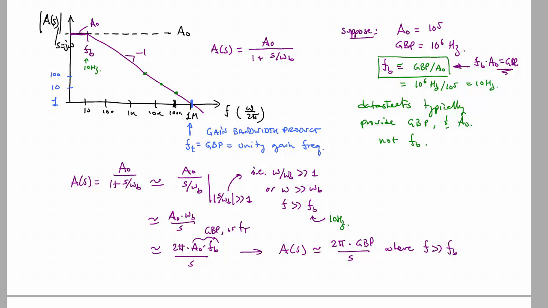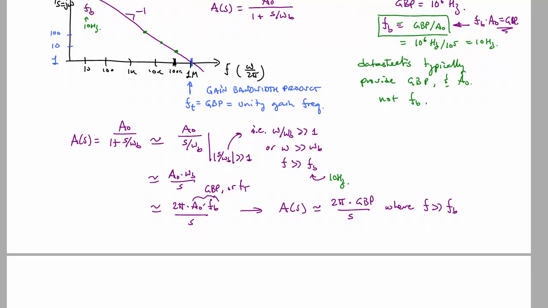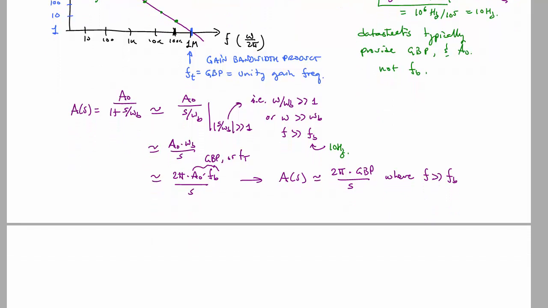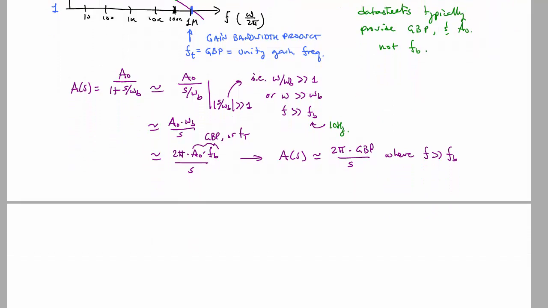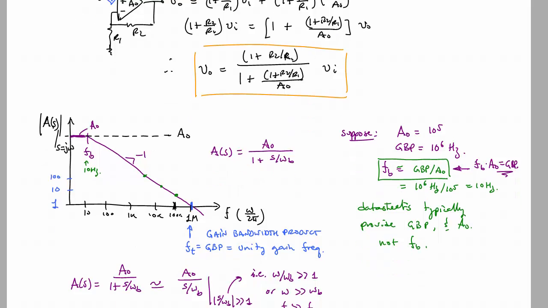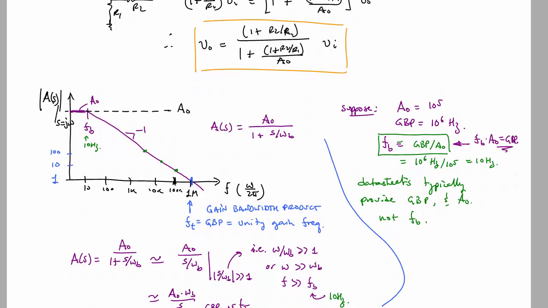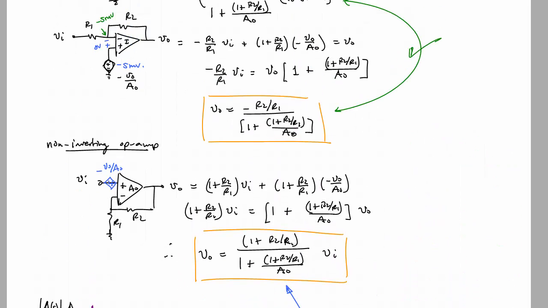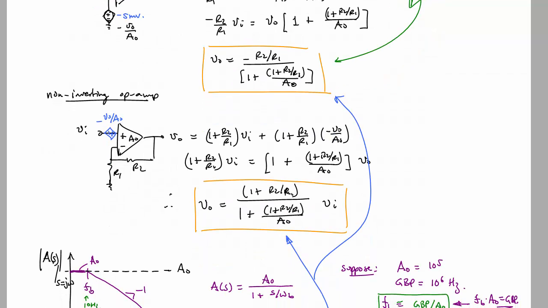So we're going to use this transfer function for our open loop gain when we go back and plug that into the inverting and non-inverting op-amp circuits that we were just looking at a little bit ago. So that's what we're going to do now.